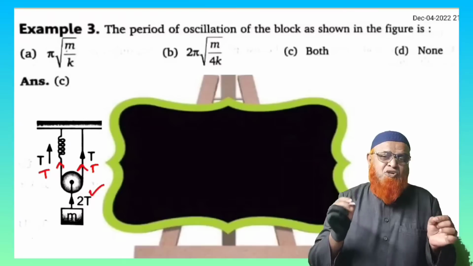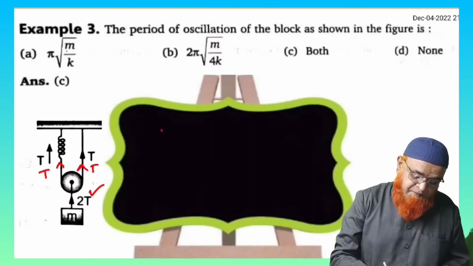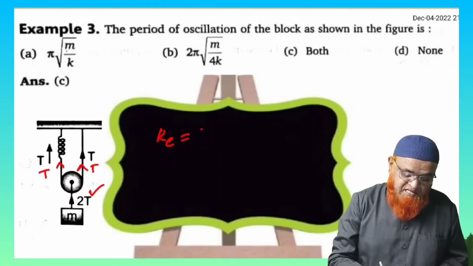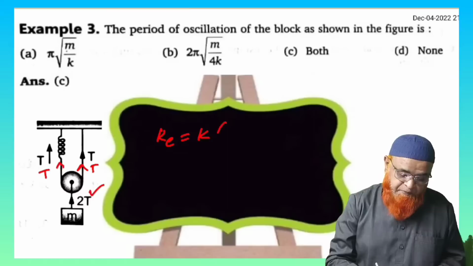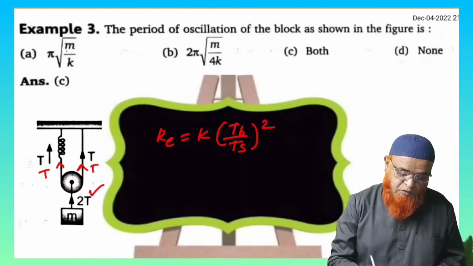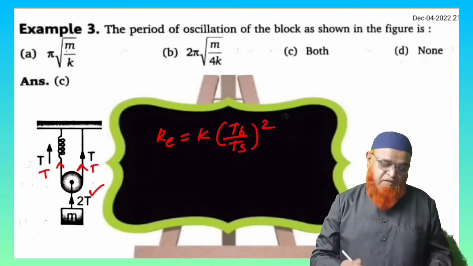But the simple shortcut formula which I am going to discuss here is: effective spring constant is nothing but K times the tension at the block by tension at the spring, whole square. So this is going to be your shortcut formula with which you are going to solve the problem here.